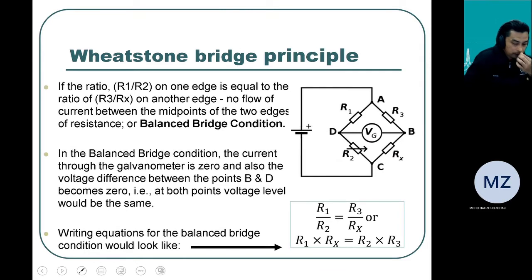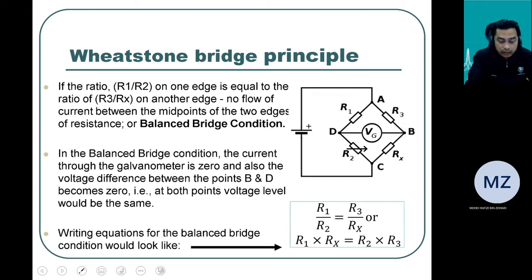All right, so this is the equation. R1 over R2, the ratio between R1 and R2, should be equal to R3 over Rx.